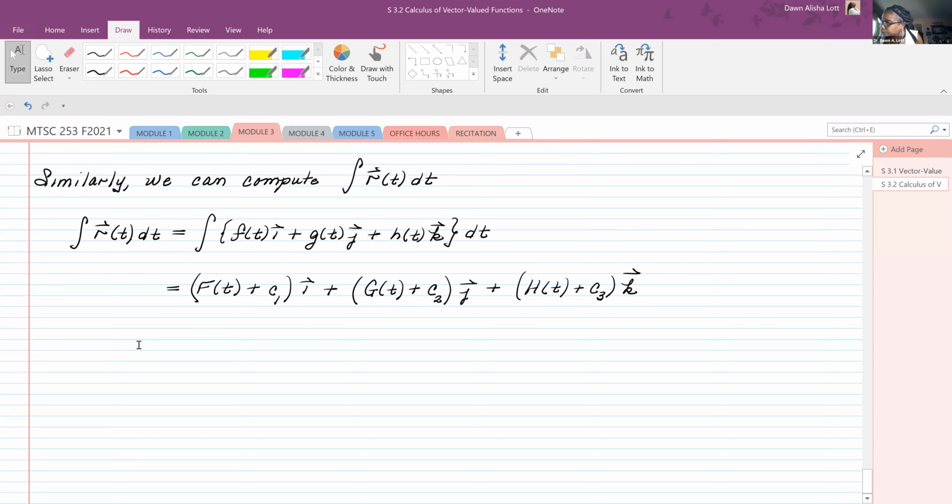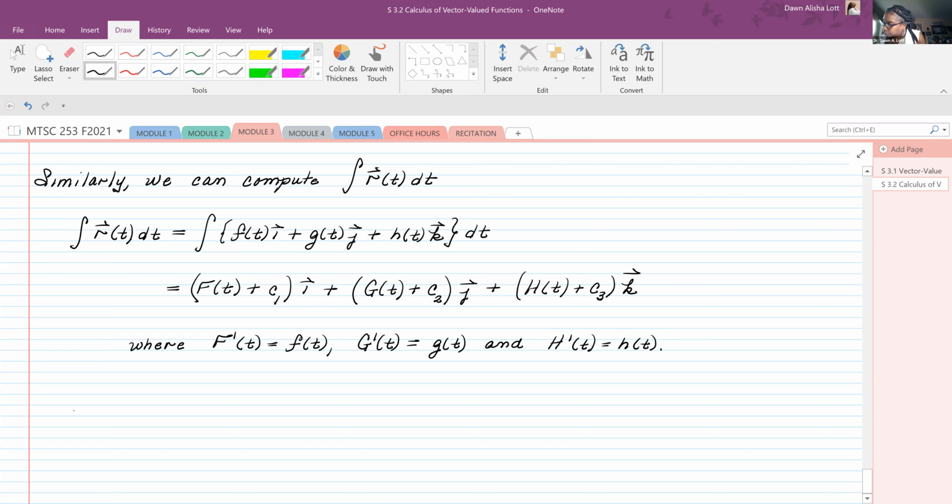Where f prime of t is little f of t, g prime of t is little g of t, and h prime of t is little h of t.